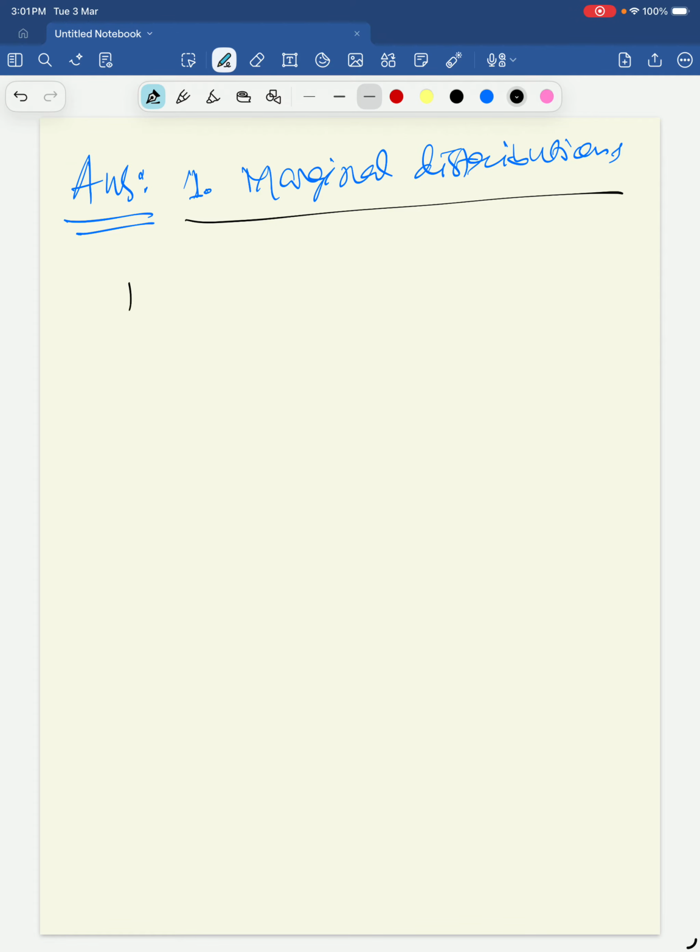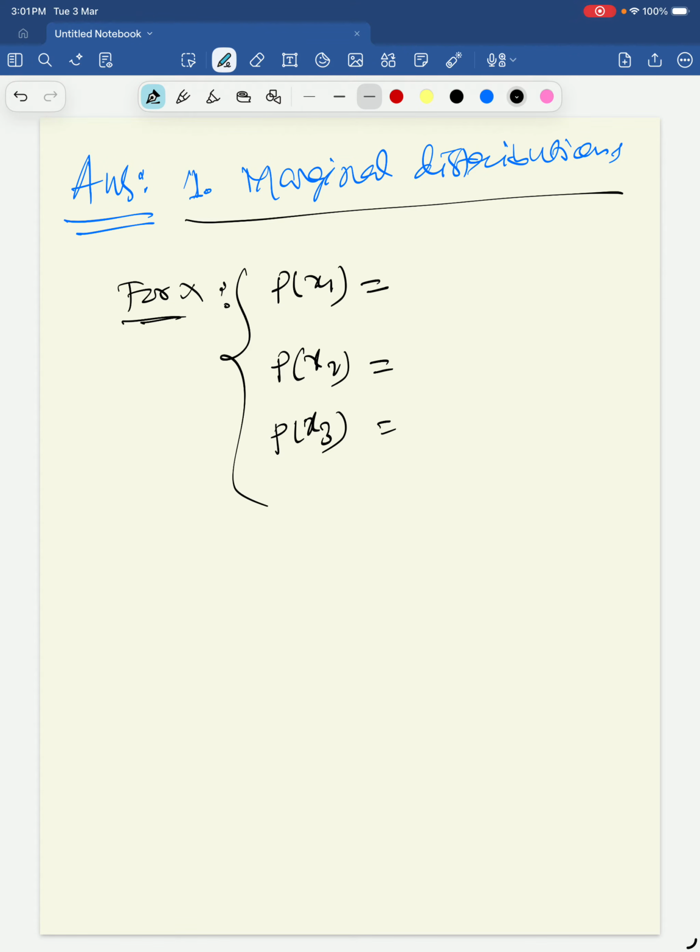Now, we will calculate the marginal distribution for X first, then we will go for Y. For X, we will find the probability of x1, x2, and x3.